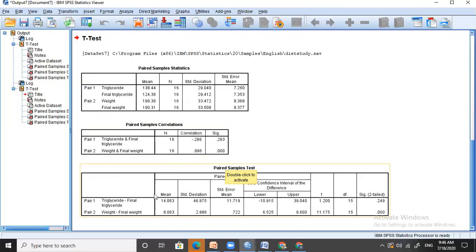Now coming to this table, we will see the same thing, that is the p-value. Here you can see the p-value is greater than 0.05, therefore it is not significant.